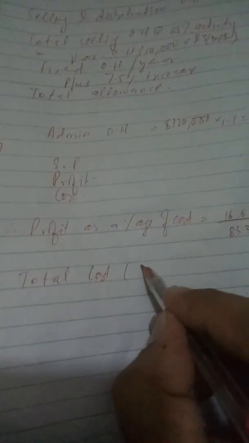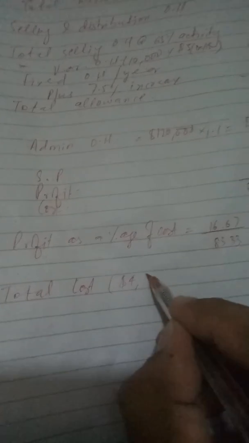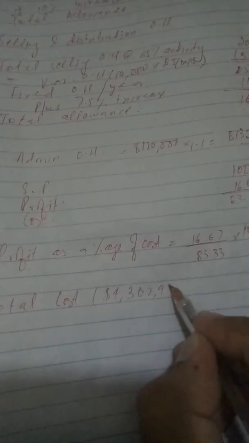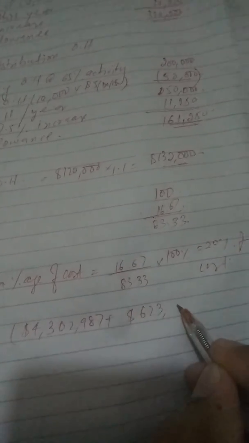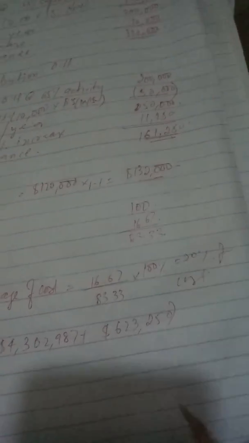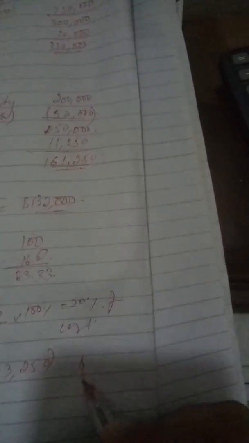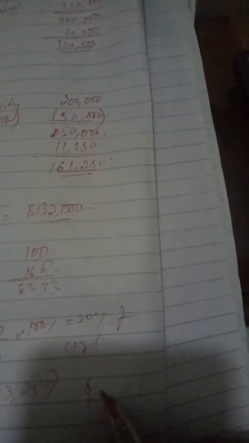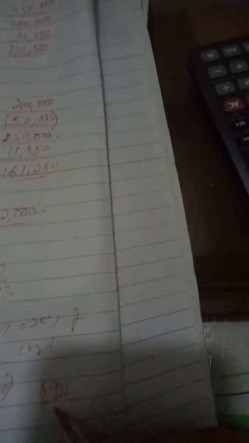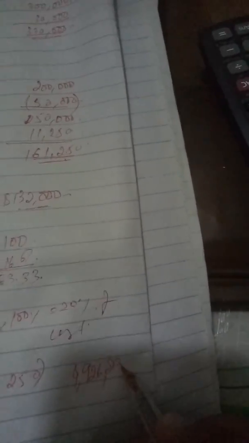So the total cost would be 4,302,987 plus 623,250. That would give us 4,926,237.